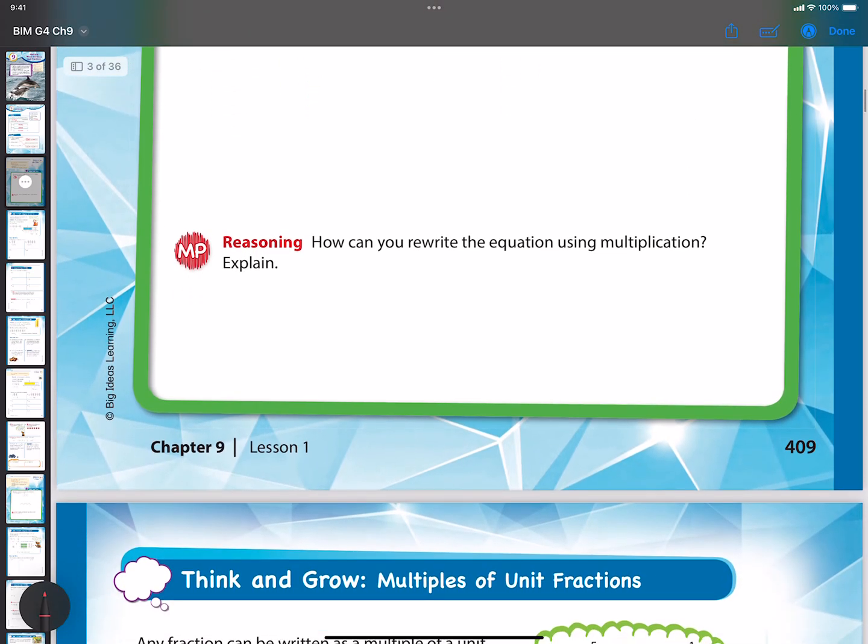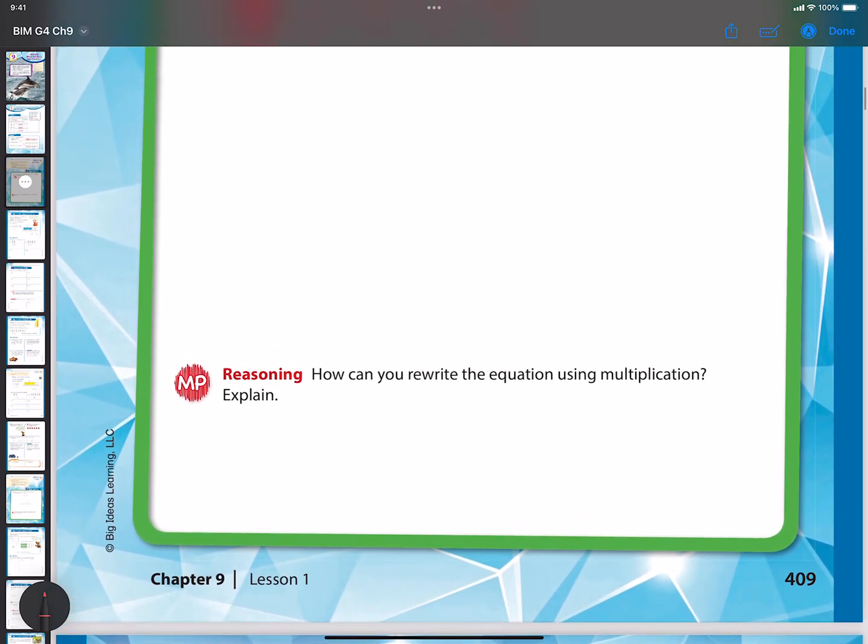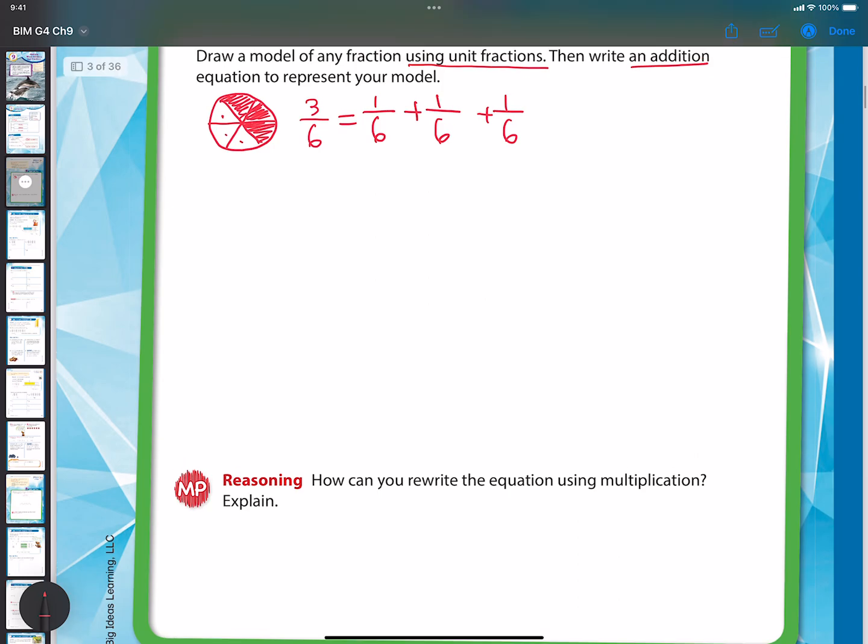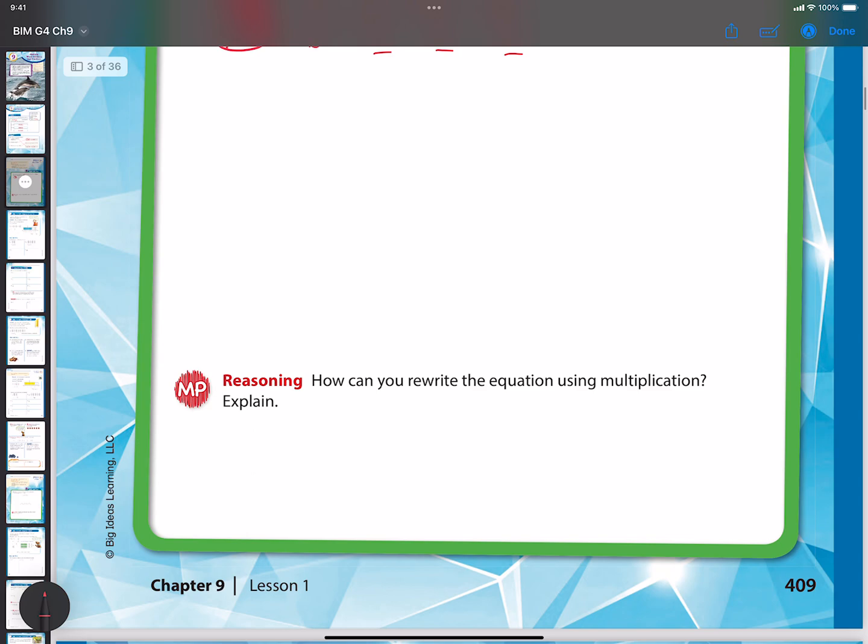Now, how can you rewrite the equation using multiplication? Explain. Well, we know repeated addition is multiplication. How many unit fractions are repeating here? 1, 2, 3, right? So that means 3 over 6 is equal to 1 over 6 times 3.